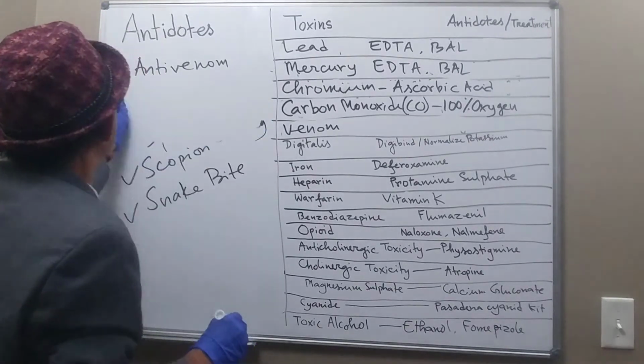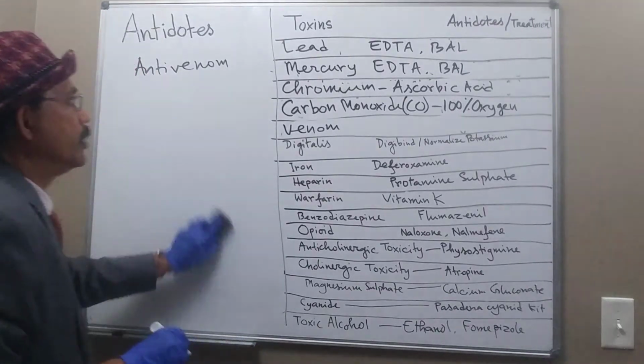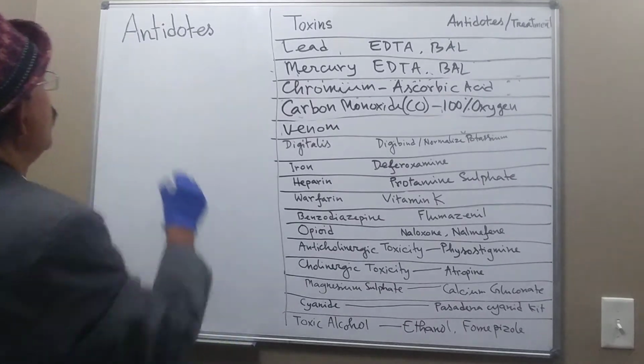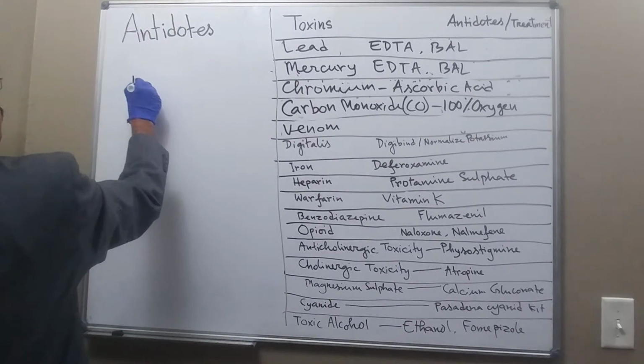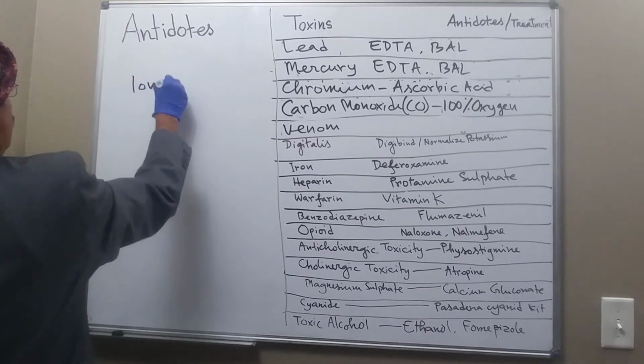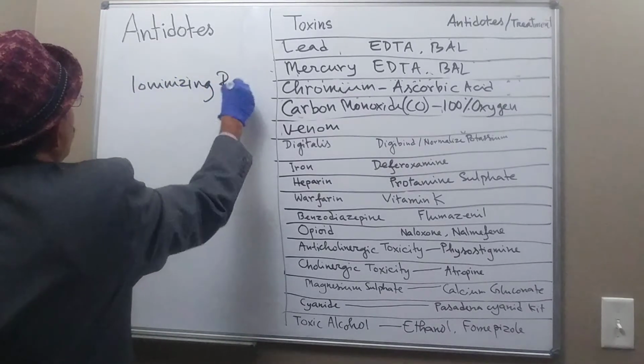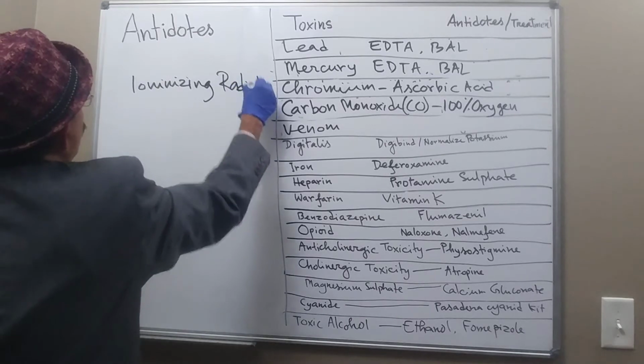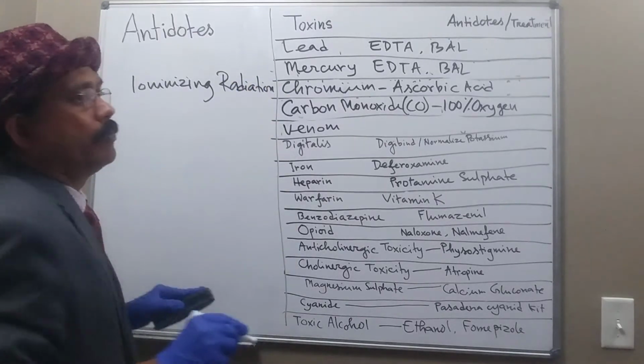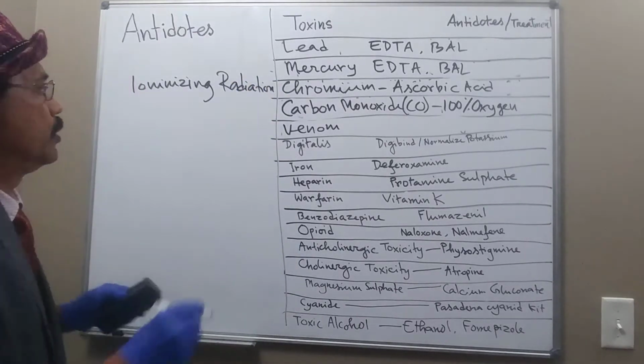Now this world is moving too fast. Ionizing radiation toxicity is possible. Some of them may be managed, like plutonium.